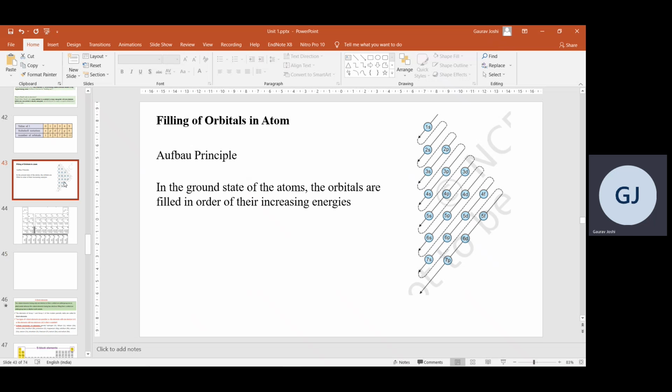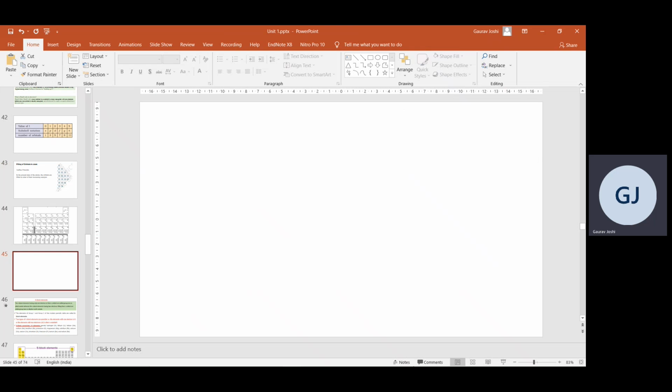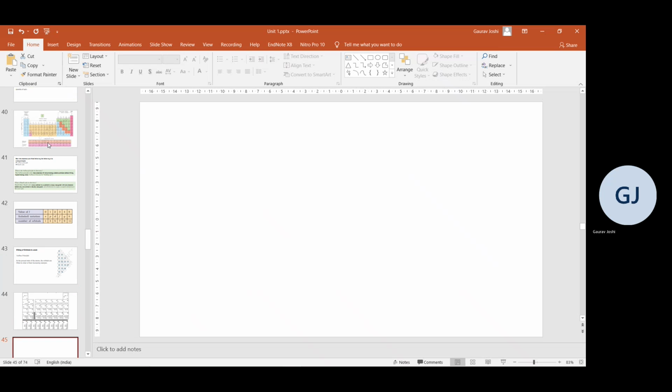I'll take the pen, and the calcium atomic number is equal to 20. Or what I can do is copy this table, which will actually be helpful for you.